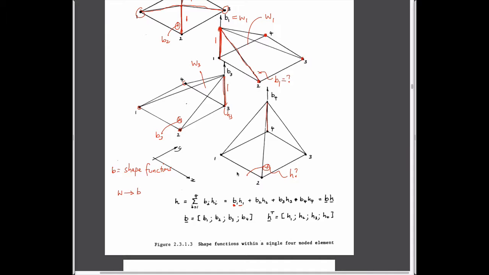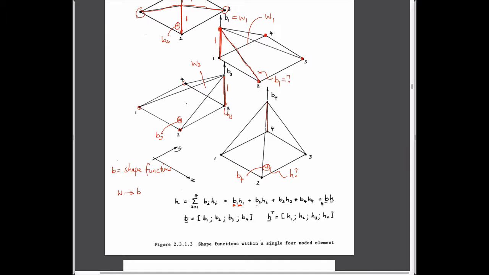We use the value of b at point 4 and the head magnitude of this. And if we add these together, so this is the value at node 1 multiplied by the value of this function evaluated at this point, the value of head at node 2 multiplied by the value of b at this point, etc., we'll add it up.